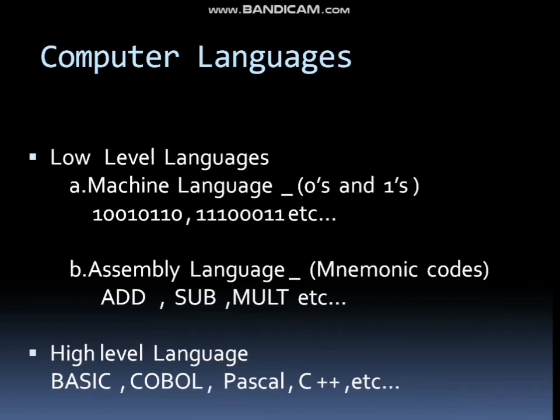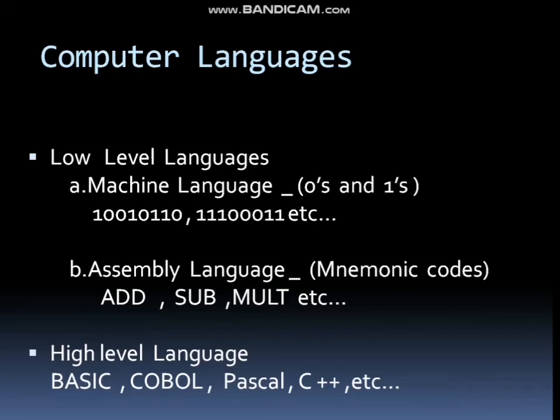Next one, the computer languages. In between I explained to you. Computer languages are totally divided into two categories. One is the low level language and another one is the high level language. The low level languages are machine language and assembly language. Machine language uses machine codes, that is zeros and ones.